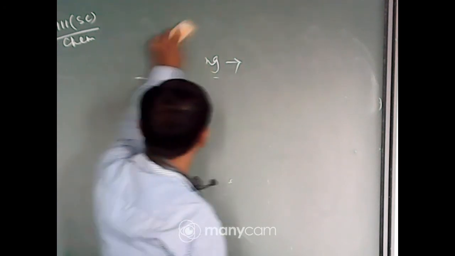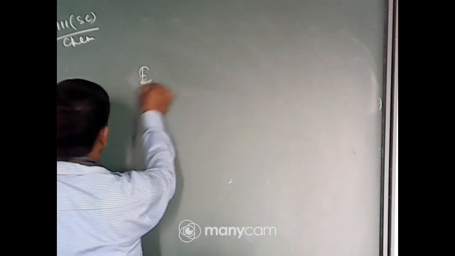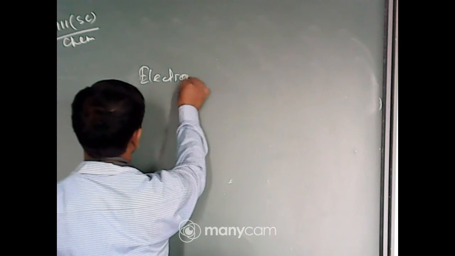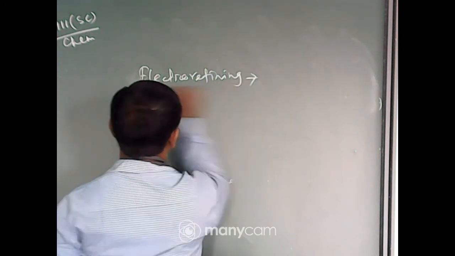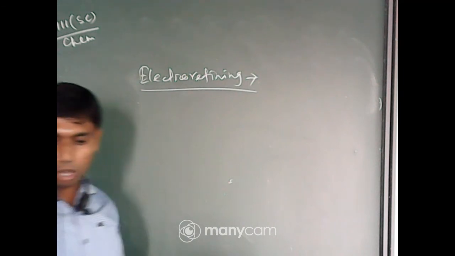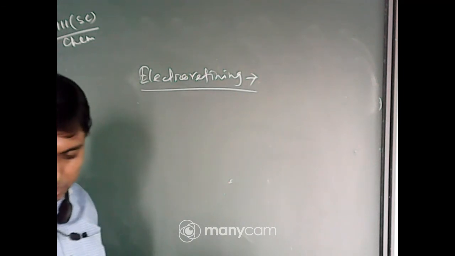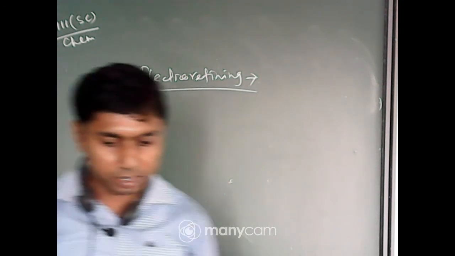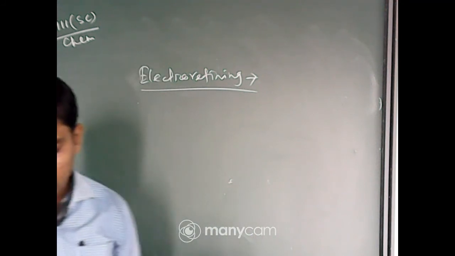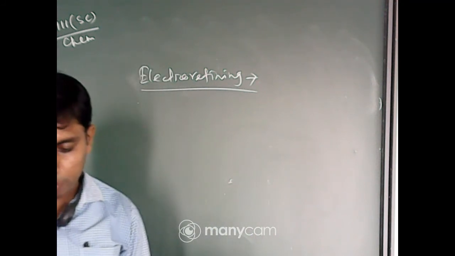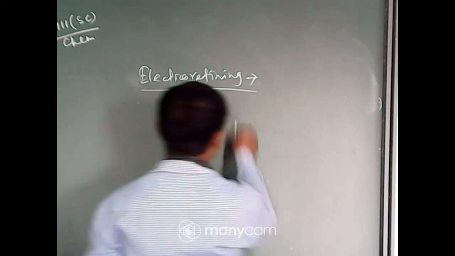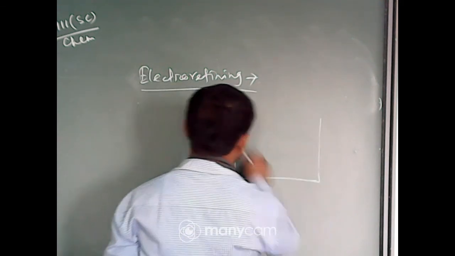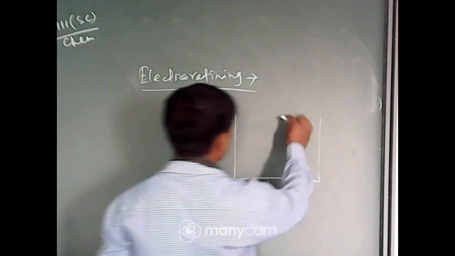Now, what is electro refining? Just look at the picture on page number 178, the copper plate. A simple circuit showing electroplating. Here the same kind of process will be maintained.